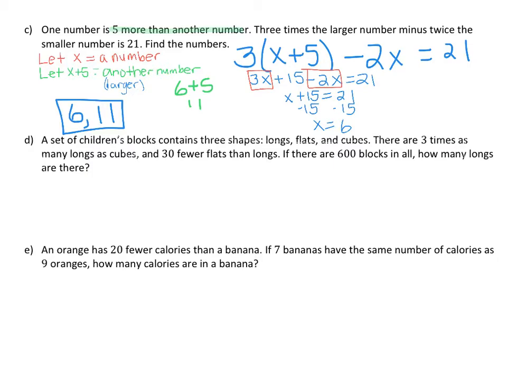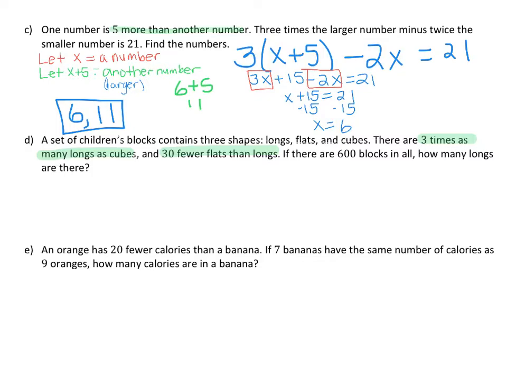So this one can be a little bit confusing just with the wording. We have here, there are 3 times as many longs as cubes, okay? And we also have that there are 30 fewer flats than longs. So I'm going to actually start with cubes.